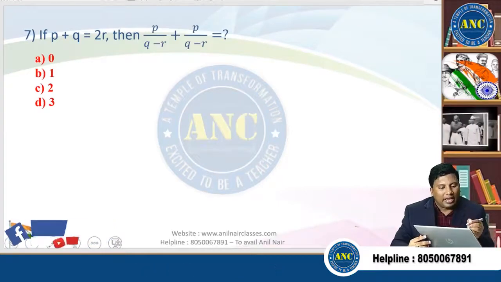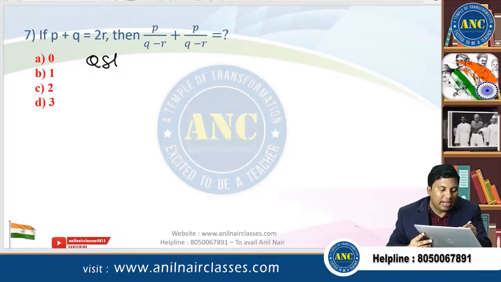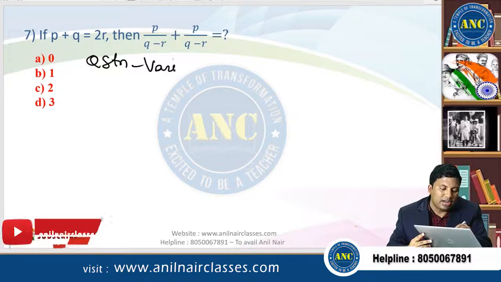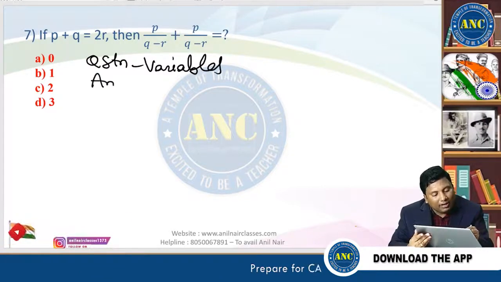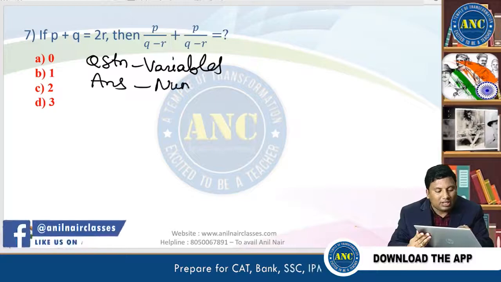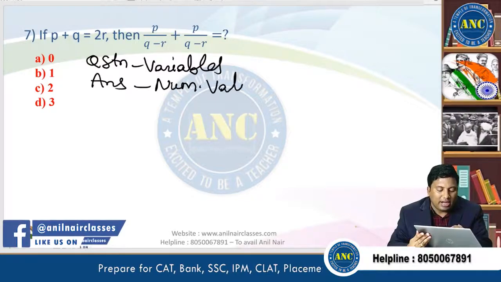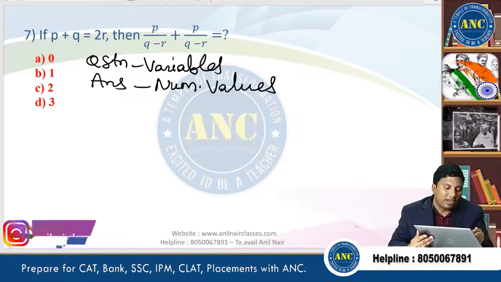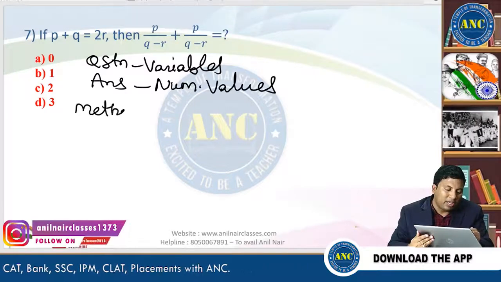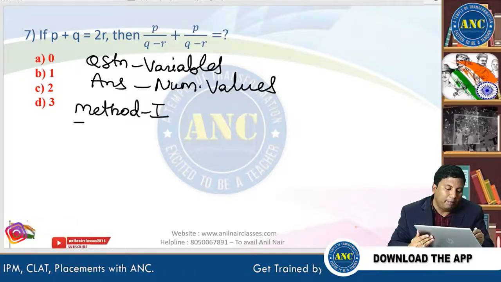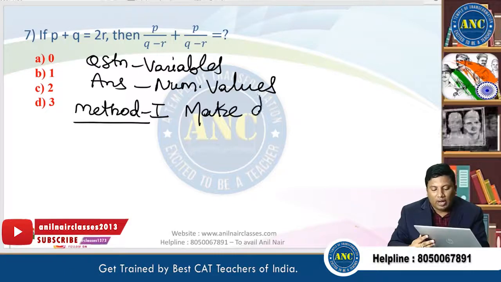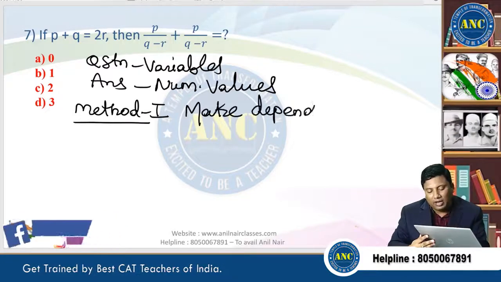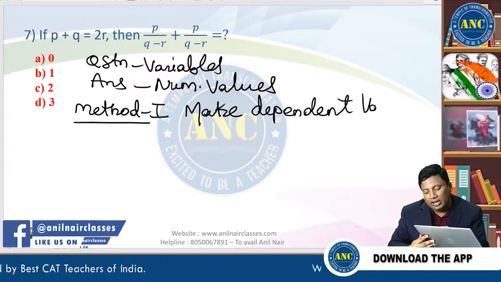Next one, again see here: question contains variables, answer contains numerical values. What is method 1? Method 1 is nothing but make dependent variable 0. Just by looking at a question, you will come to know what the dependent variable is.